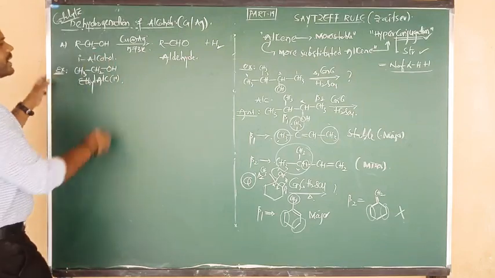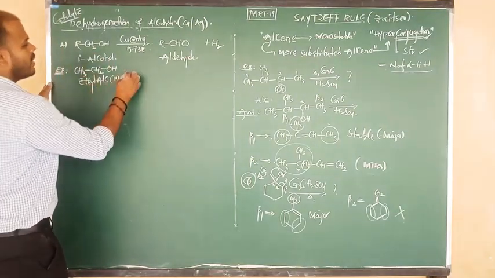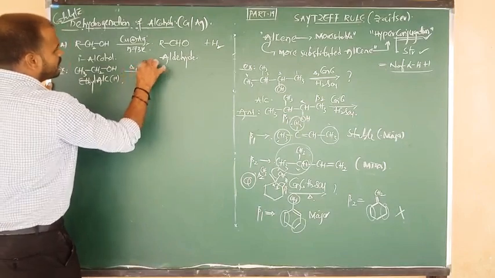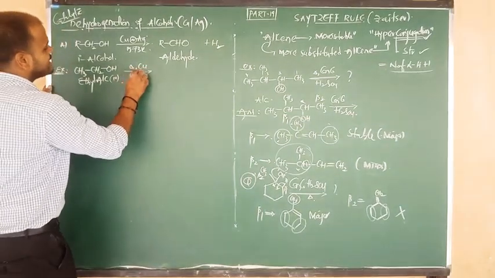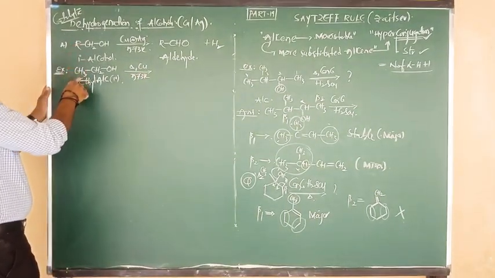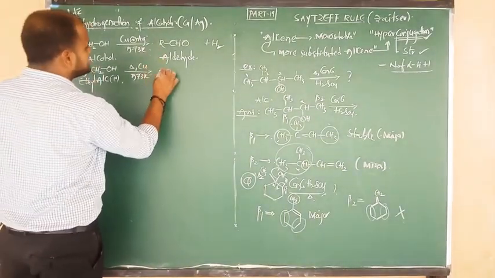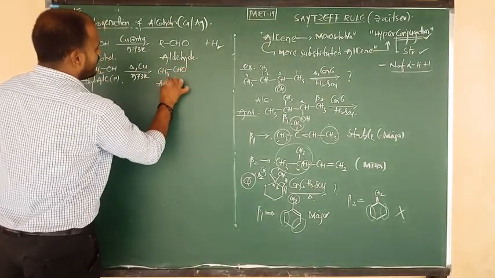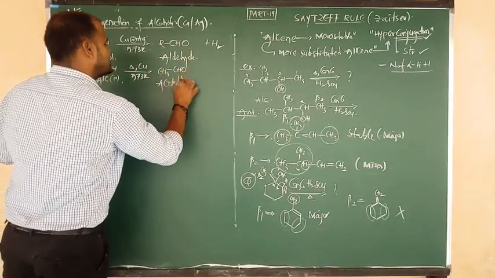Now that ethyl alcohol, or primary alcohol, is passed over hot copper or silver at a suitable temperature of 573 Kelvin. Again here we write R replaced by CH3. So the product is CH3 bonded to CHO. Its product name is acetaldehyde.